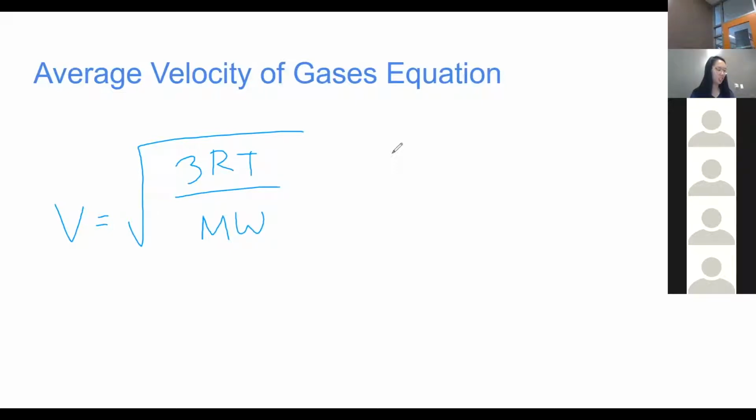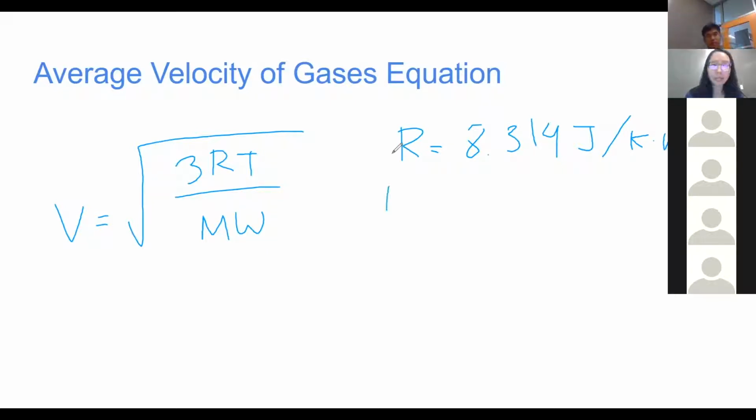For this, it's really important that you know which units to use, because the R is not the 0.082 that you're used to. It's actually 8.314 joules per kelvin times mole.